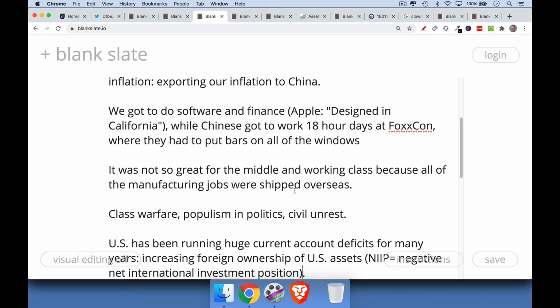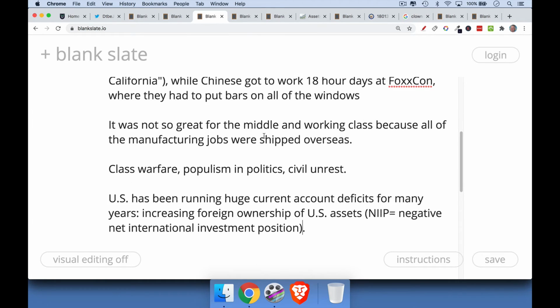Now, the hollowing out of the middle class, and again, we're talking about the U.S. government borrowing from mostly Asian countries, led to class warfare, populism in politics, the rise of Trump, a lot of civil unrest, and a lot of very violent politics, both from the left and the right. It also meant that the U.S. had to run these very large current account deficits, which basically meant more money was flowing out of the country than was coming into the country.